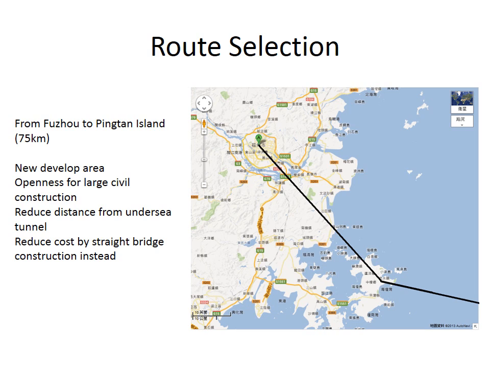It is an open area which can accommodate large civil construction. It also reduces the distance of the undersea tunnel, which reduces cost, because using bridges is cheaper than using the undersea tunnel.